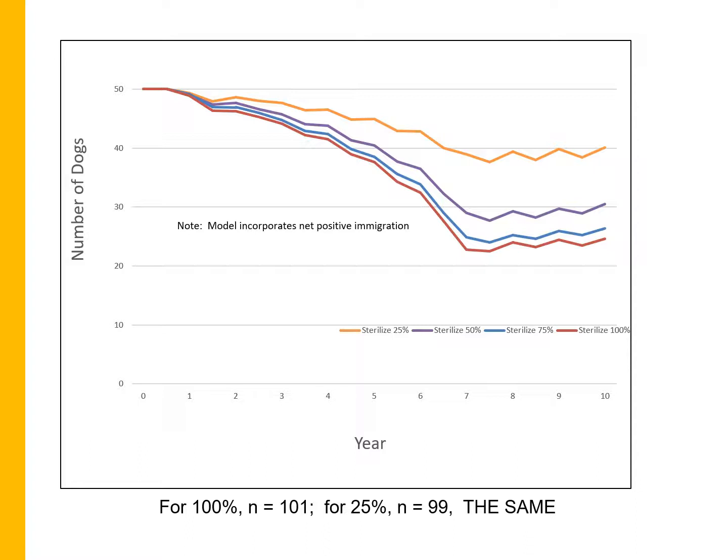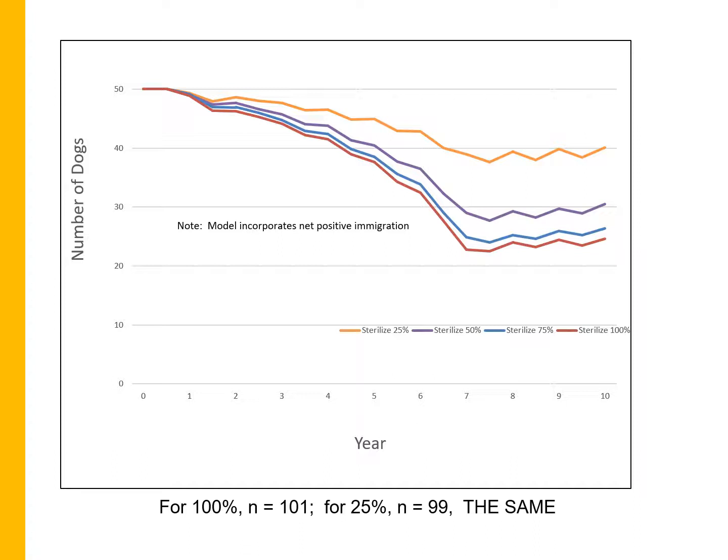And we see very different outcomes in terms of final population size based on a progressively higher sterilization intensity, which doesn't surprise anyone. But what may surprise you is that the actual number of surgeries we do over those 10 years is essentially the same, whether we're doing the high intensity or the low intensity.